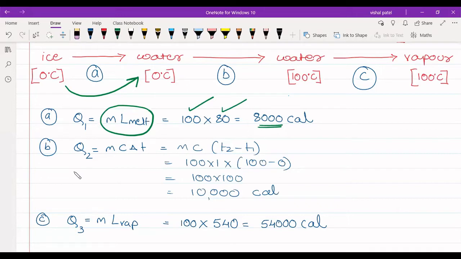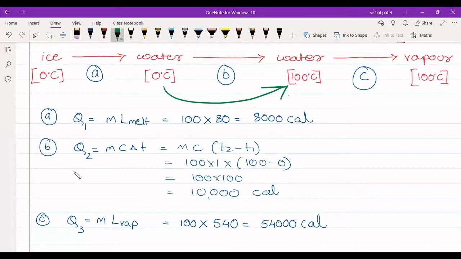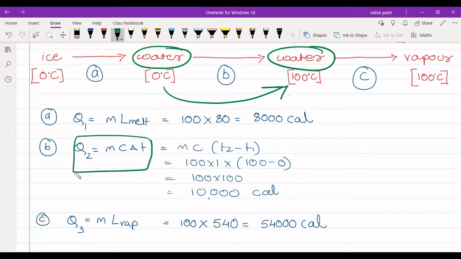That is the first part. Now, the second part, part B, is this. Water remaining water only, but the temperature has changed. So see, I'm using the formula mc delta T. I'm just substituting the values.